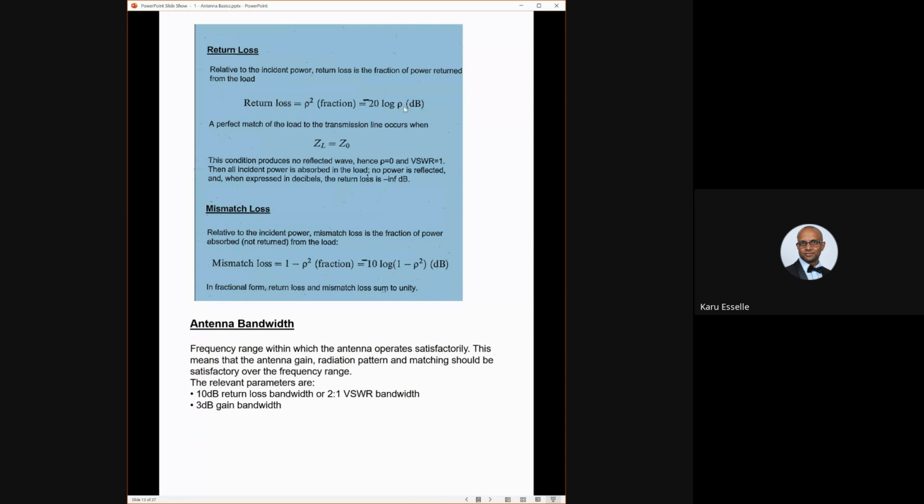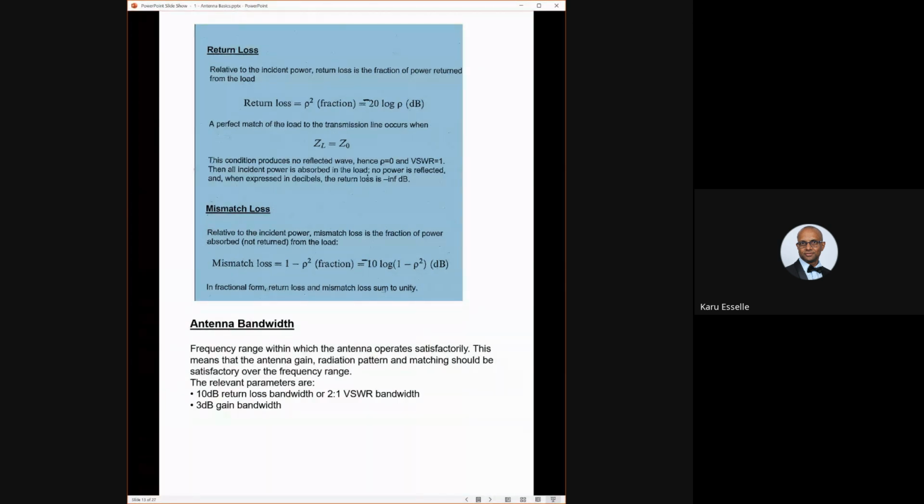One mistake a lot of students make is writing return loss as a negative number in dB. That is incorrect. Return loss is positive because rho is less than 1, so the log of that is negative, and with this negative sign, return loss is positive. For example, return loss of an antenna could be 10 dB or 20 dB at a given frequency.